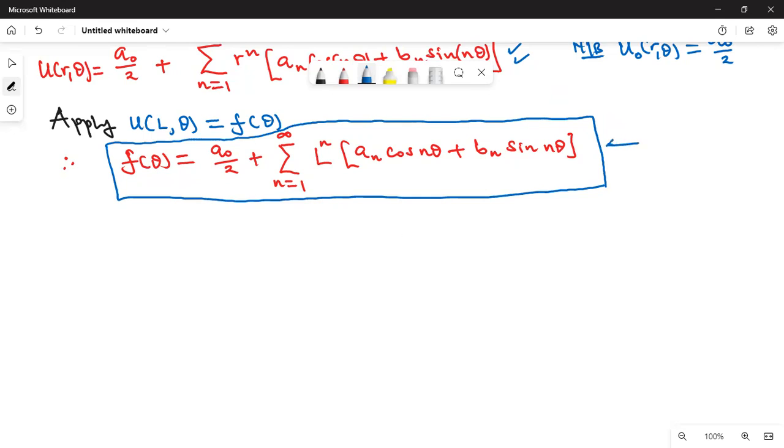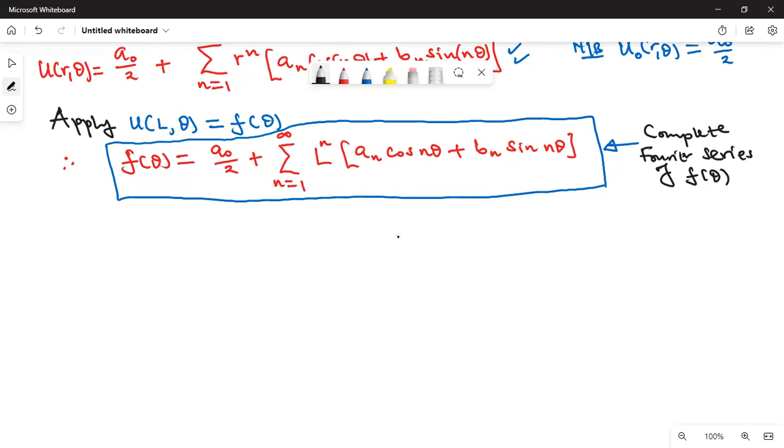But in this case, this is the complete Fourier series of f of theta.